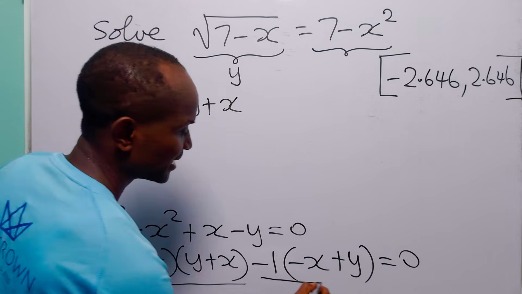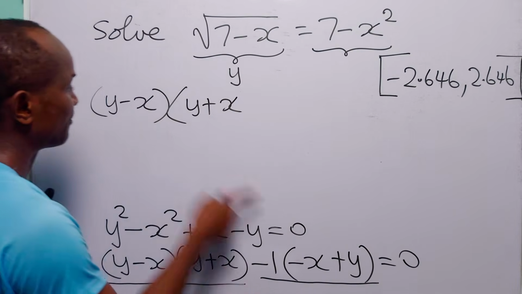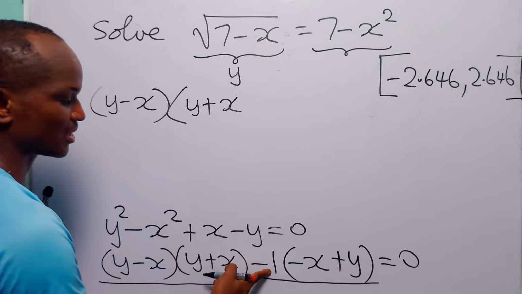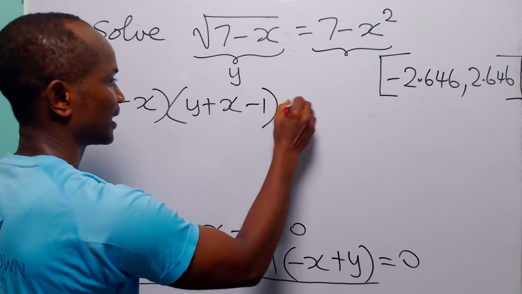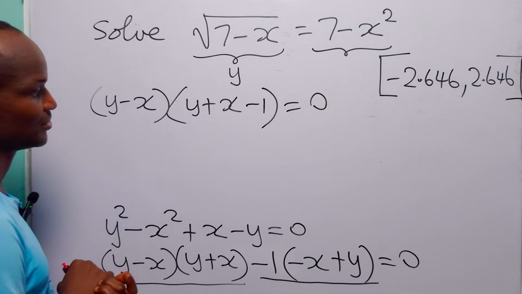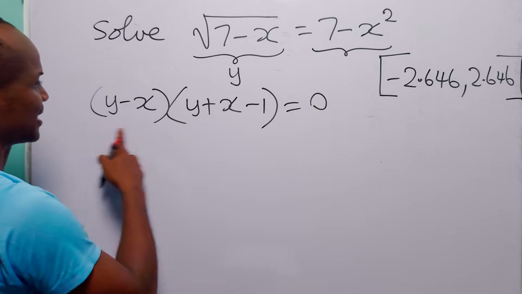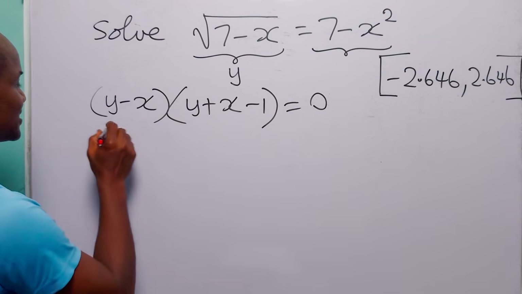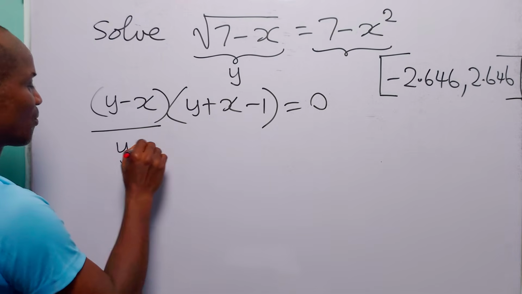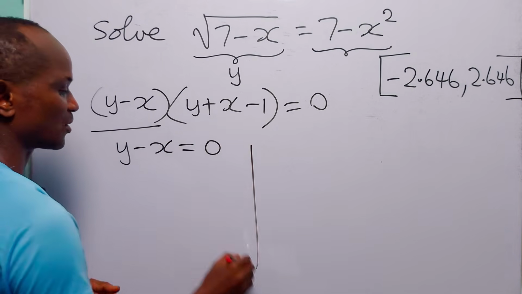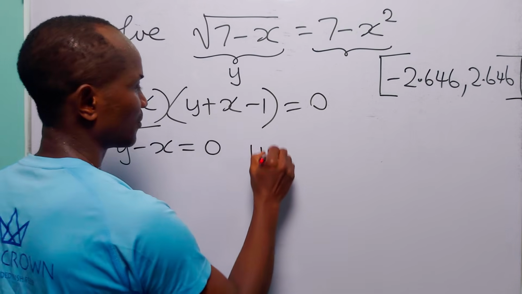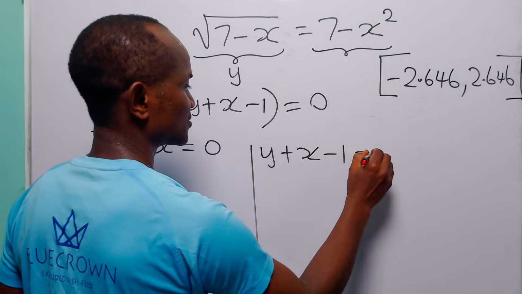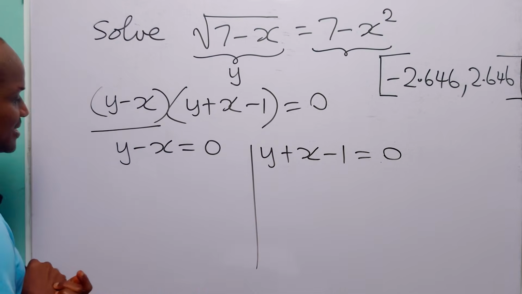And when you divide this term by y minus x, you are left with minus 1. And of course, this is equal to 0. Now that we have succeeded in factorizing the left-hand side, it's very obvious to see that either y minus x is equal to 0 or y plus x minus 1 is equal to 0.